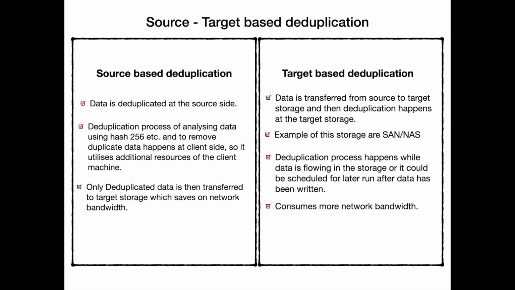Of course, if you send the entire data first and then deduplicate, there will be a lot of bandwidth consumption, so target-based would have a lot of network bandwidth usage. Whereas on the other side, you squeeze the data and then just share the squeezed data, so network bandwidth is less utilized.